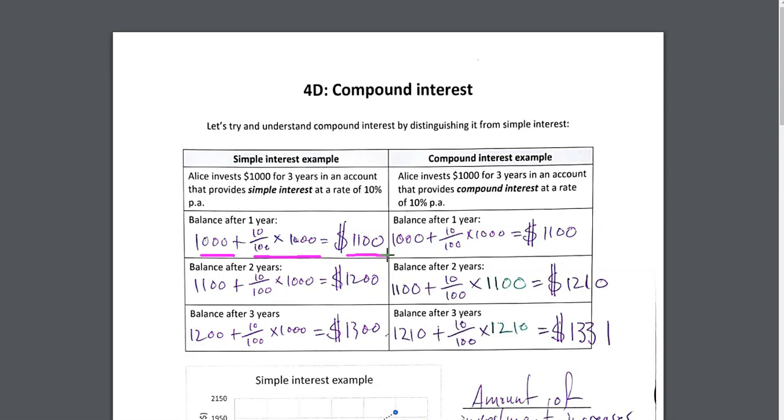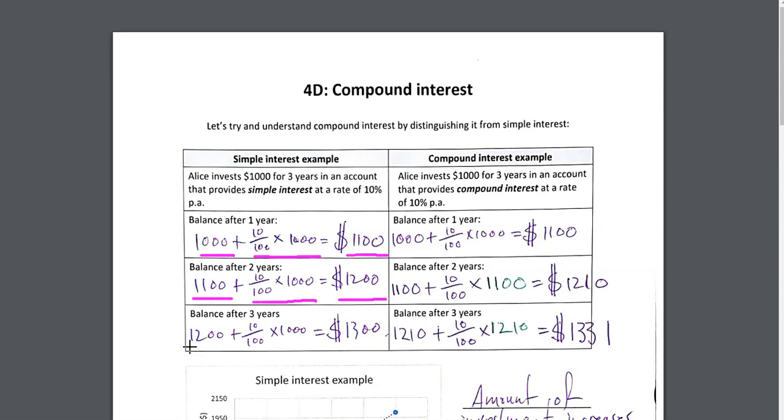Okay? Simple. The balance after 2 years in her account, well, she now has $1,100 plus another 10% of the original 1,000. I emphasize the original 1,000. So she gets a further $100. Okay? So she now has a total of $1,200.